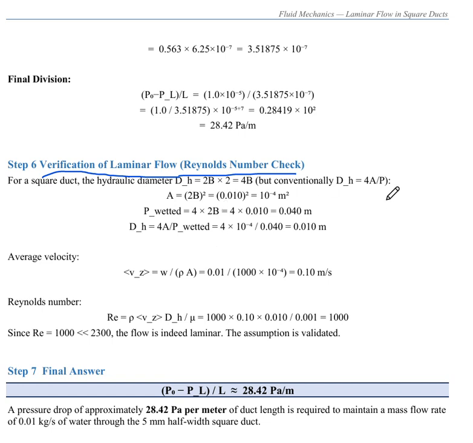After computing all these things, we get Reynolds number equals 1000, which is less than 2300, which confirms that the flow is laminar. Means our assumption is validated here. So the assumption that the flow is laminar is mathematically justified here.